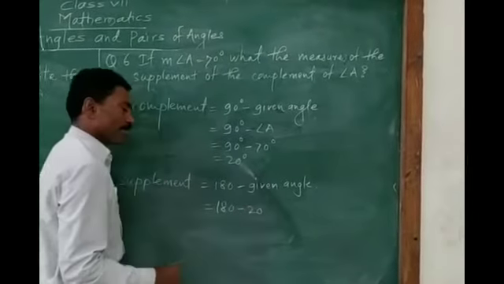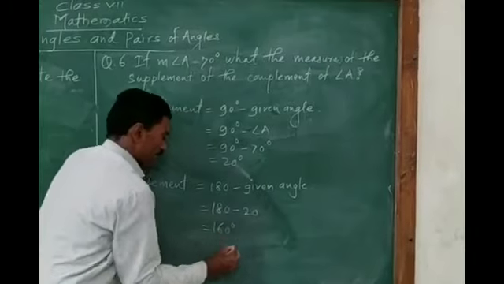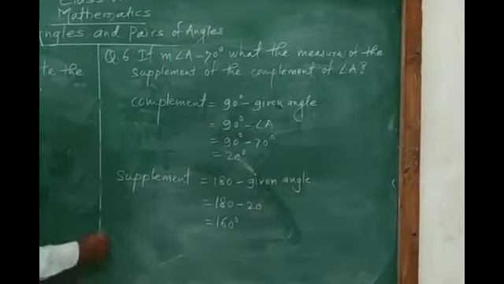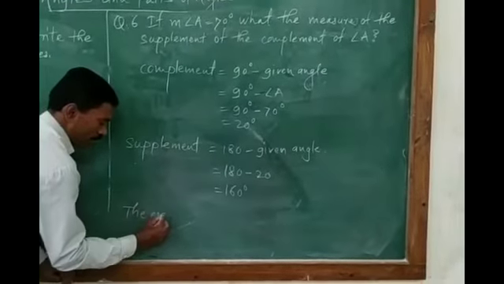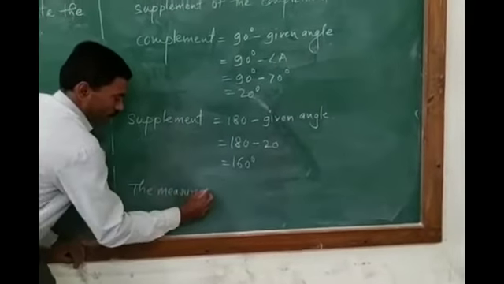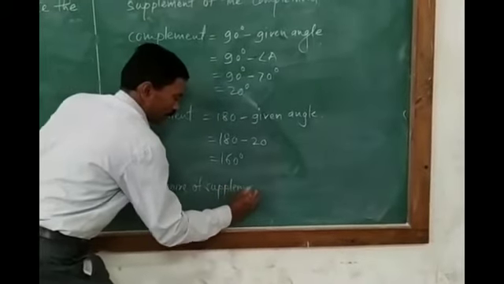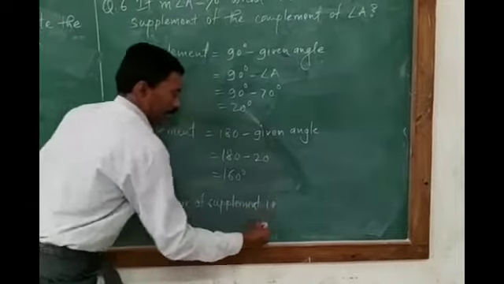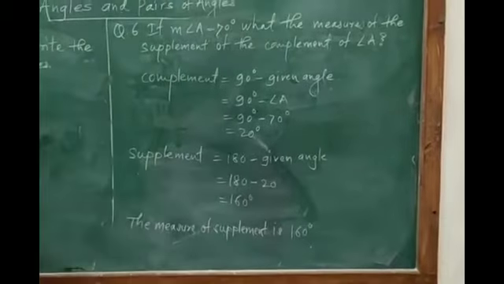Therefore, here we subtract 180 minus 20 is equal to 160 degree. Therefore, the measure of supplement is 160 degree. That is the answer.